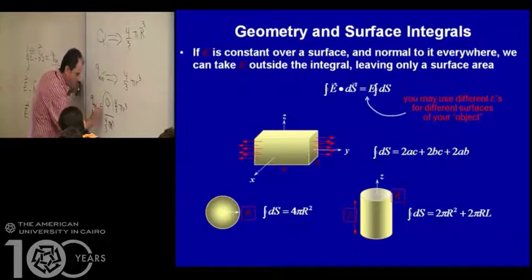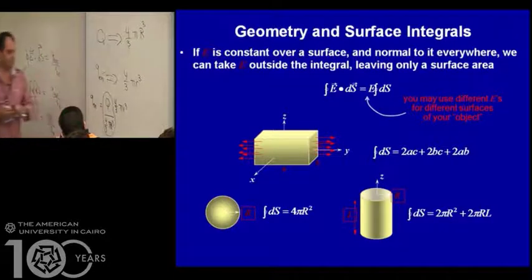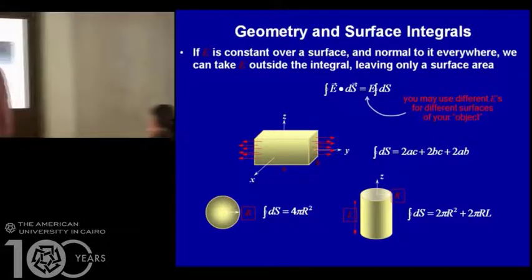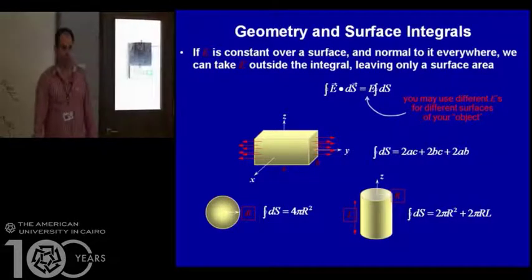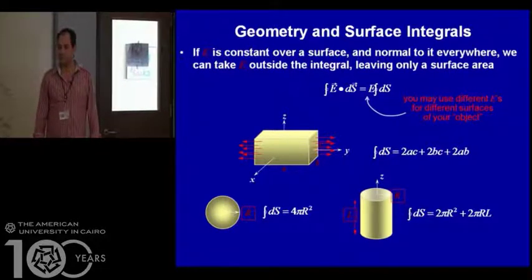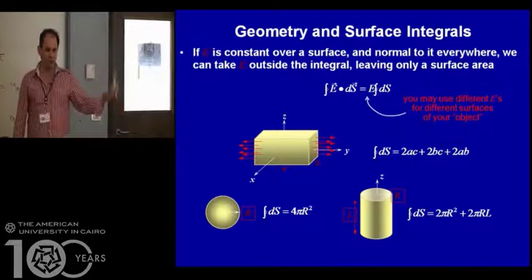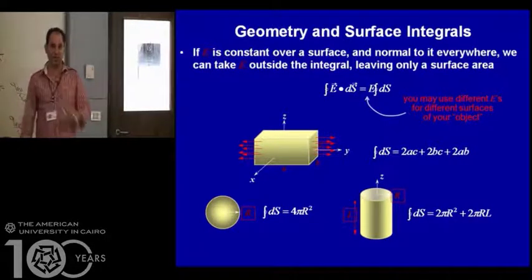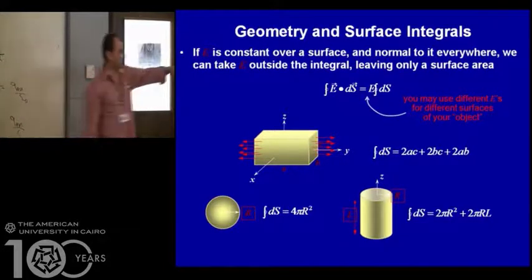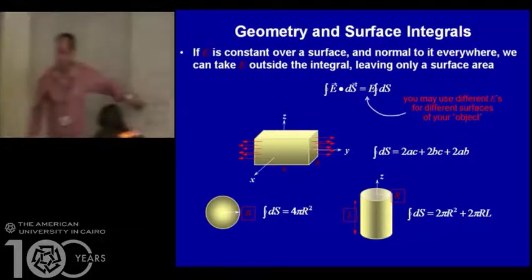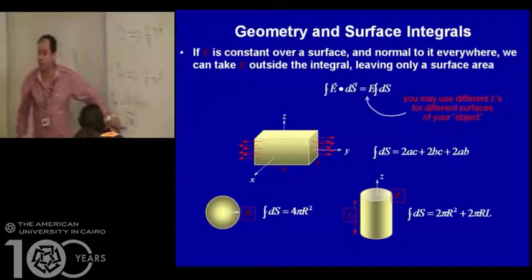Do you remember what that is? First of all, it does not have the units of electric field. This is over r cubed and r squared, so it's not an electric field. That's a charge density, the volume charge density. It's the total charge on the sphere divided by the total volume of the sphere.